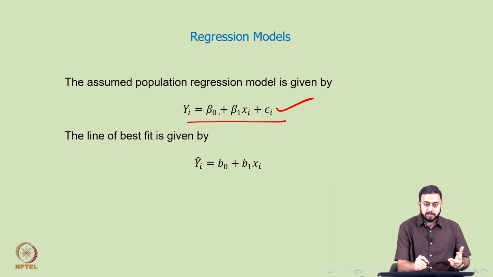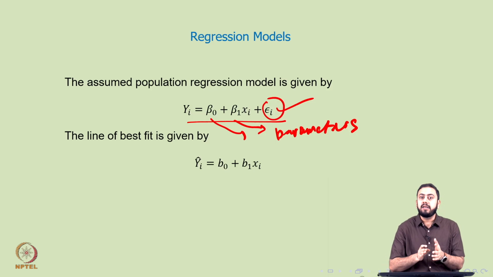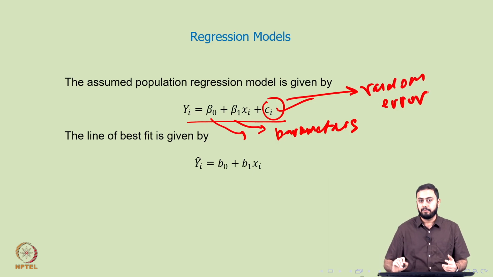Beta naught and beta 1 are the parameters which you want to estimate. xi is the predictor, yi is the response, and since you are fitting a statistical relationship, this is not a deterministic relationship, isn't it? Since you are trying to capture some randomness in the data, there has to be some random error in the model. So this epsilon i denotes nothing but the random error.